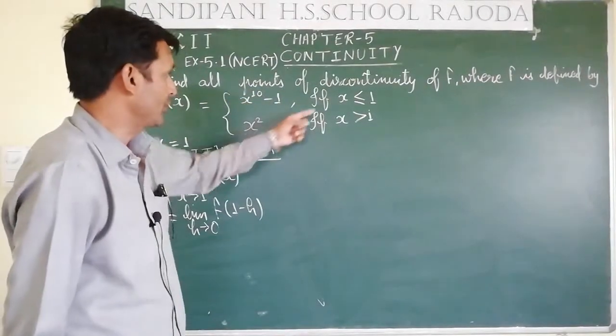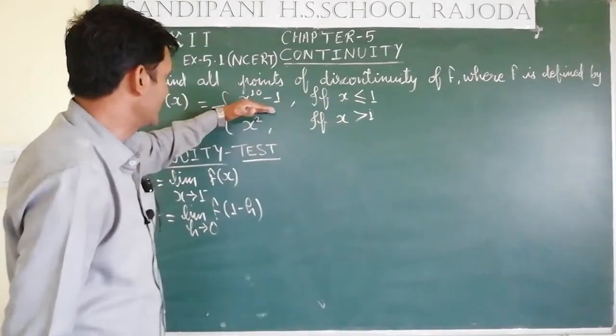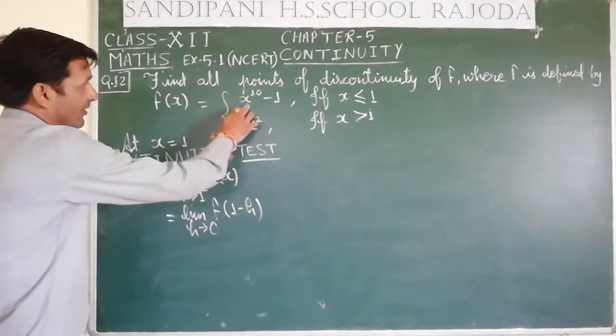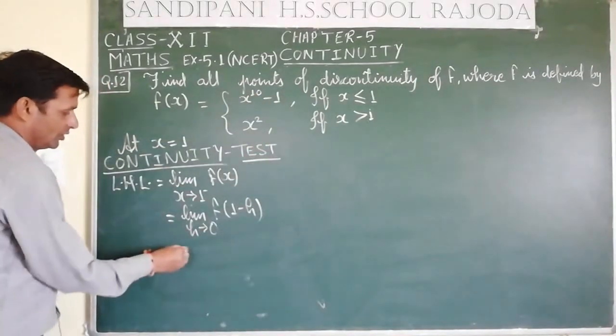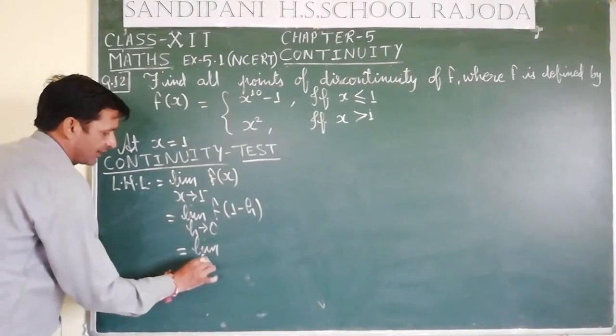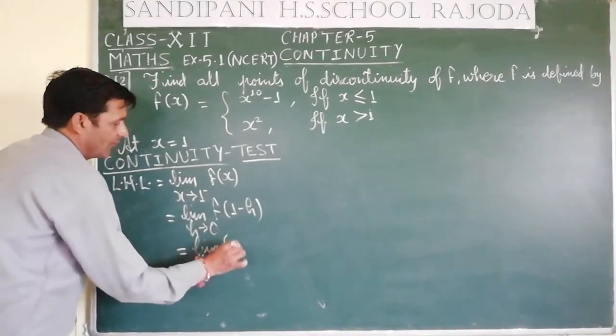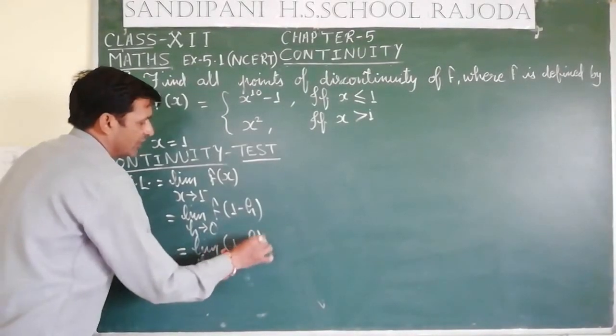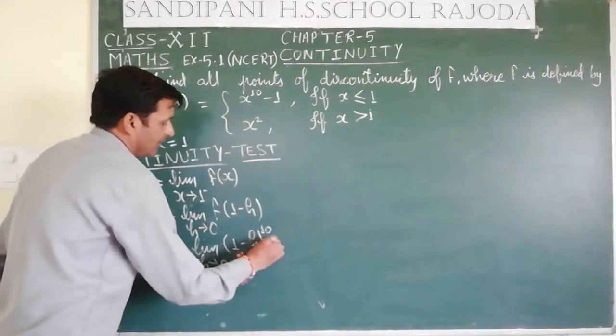So we have to put this part of the function here. Means in place of x, I am writing 1 minus h now. So it will be limit h tends to 0, 1 minus h whole raised to the power 10 minus 1.